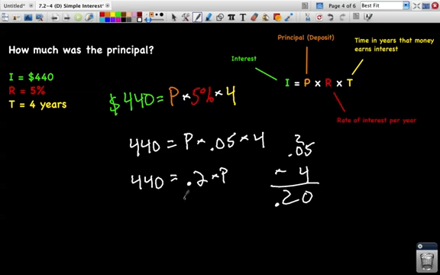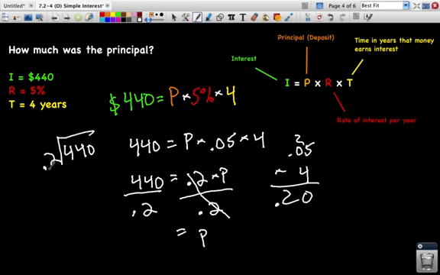And what I'm going to do is I'm just going to divide by 2/10. If I divide by 2/10, that's 0.2 over 0.2. That's just 1. So it cancels each other out. I'm left with P, and now I just got to figure out what 440 divided by 2/10 is. I need to move my decimal over once, so I got to add a 0.